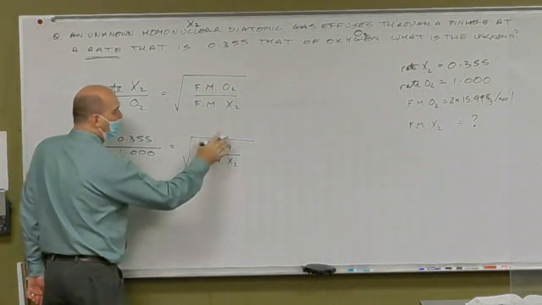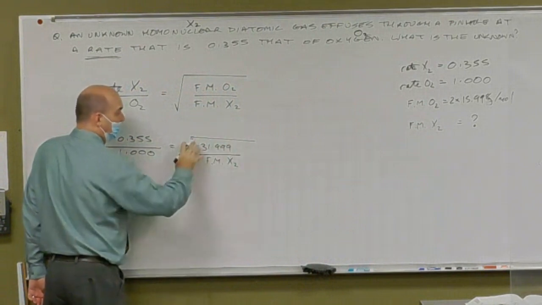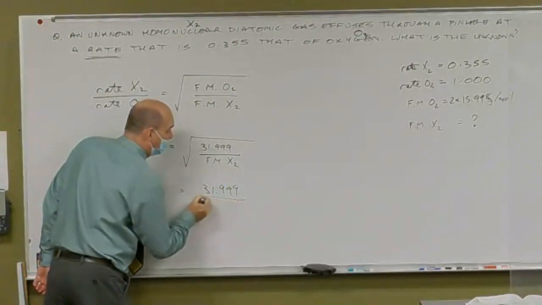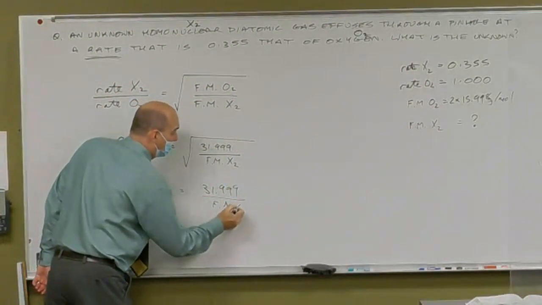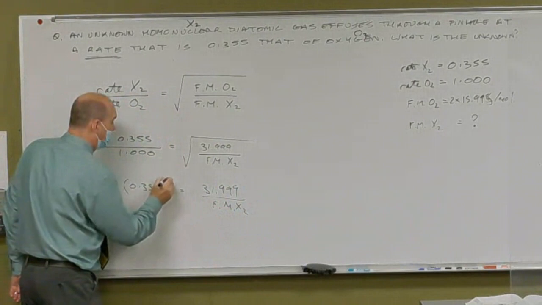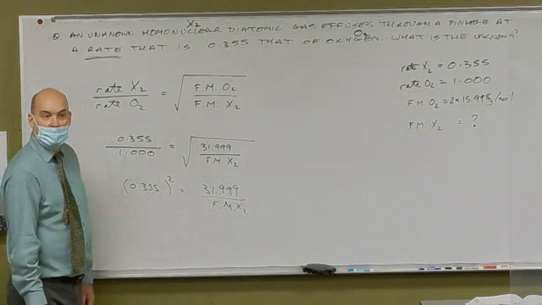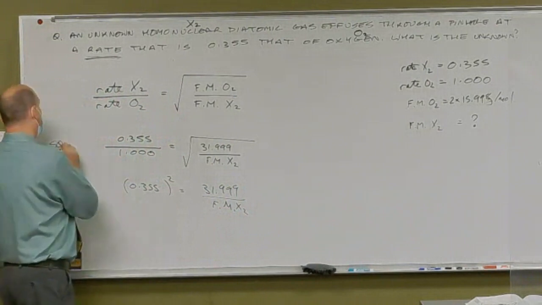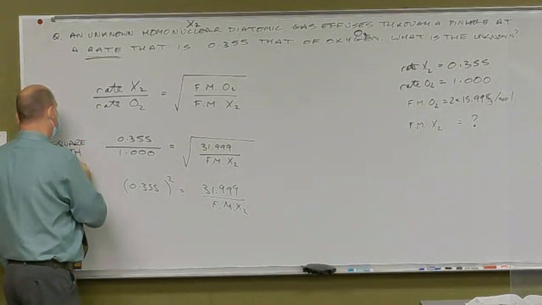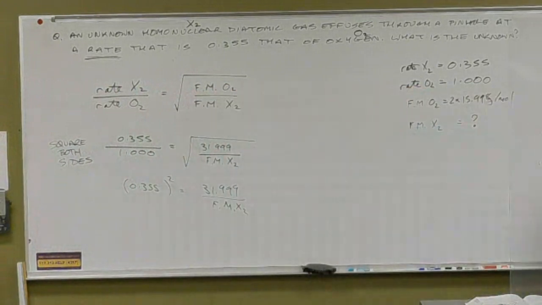And when I multiply the square root of 32 over x2 by the square root of 32 over x2, I get this. And when I multiply the left-hand side, I get that. I've squared both sides. Multiply both sides by themselves. Makes the square root go away.